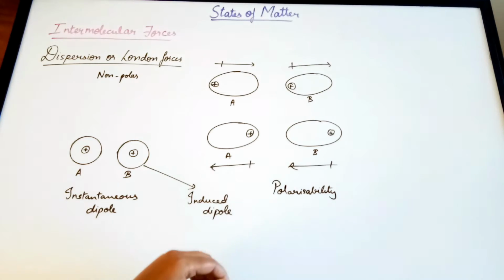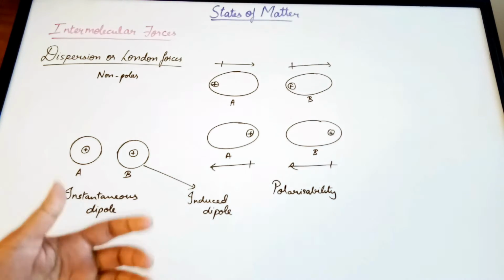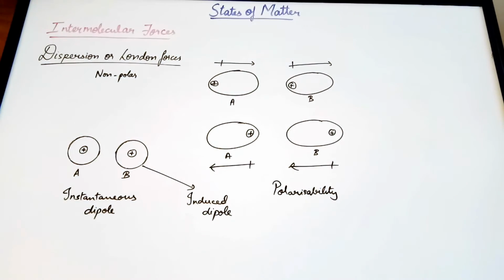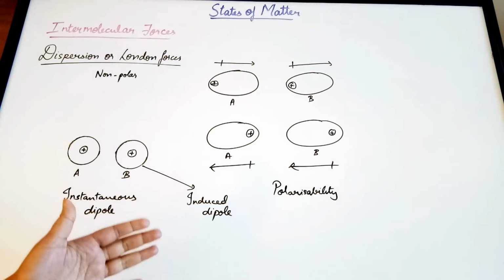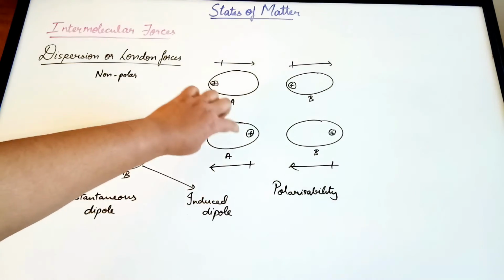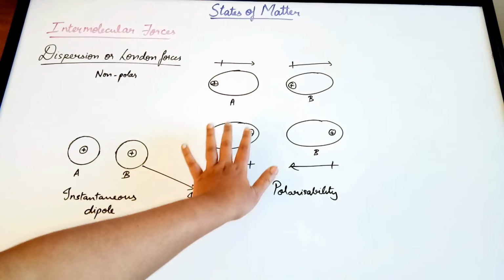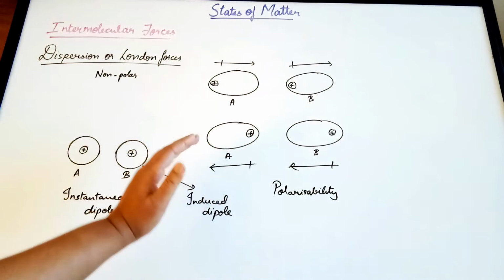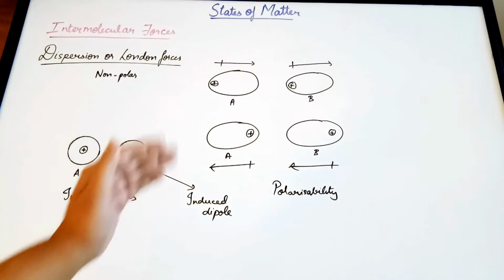And if a particular atom is able to polarize its electrons and the nucleus to a higher extent, then obviously the dipole will be higher, and so the dispersion or the London force will be higher.